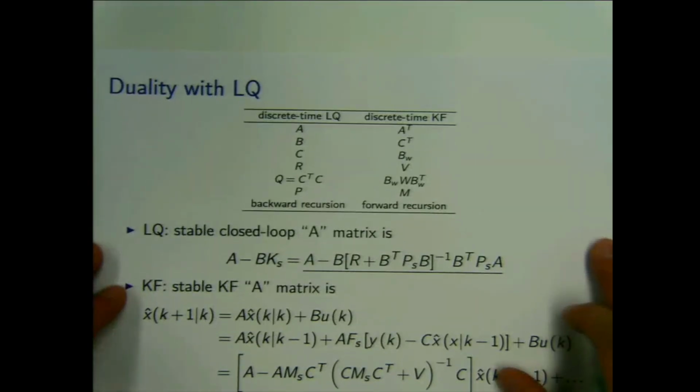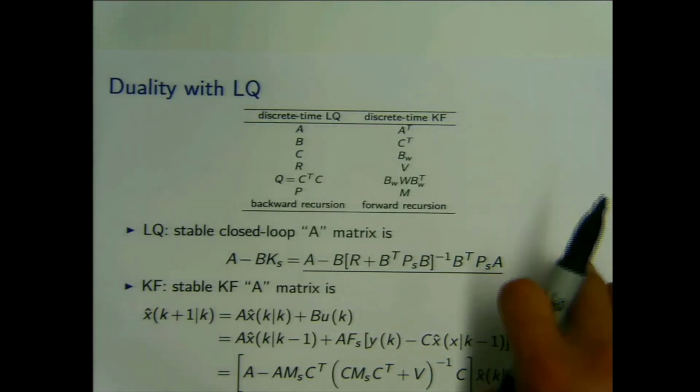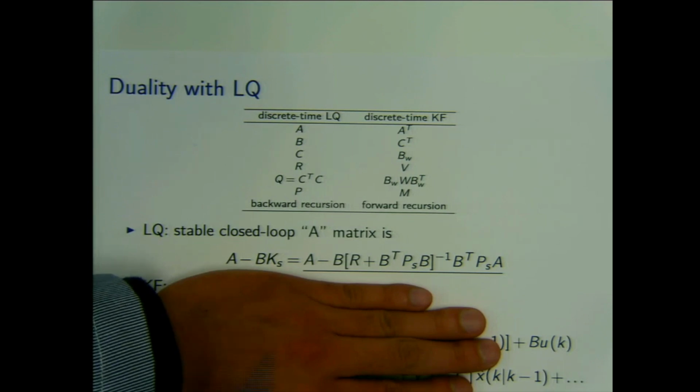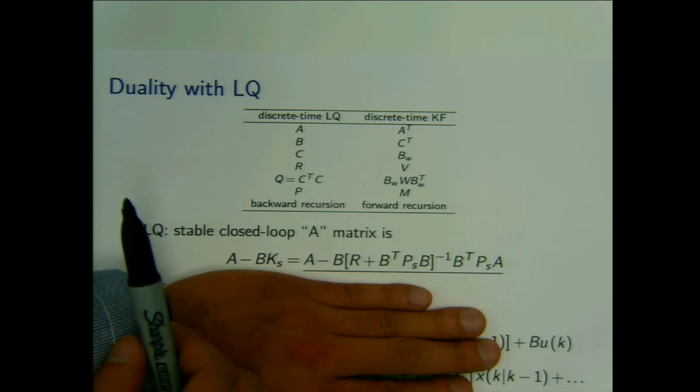Now comes the nice idea of the Kalman filter. In discrete time LQ, you learned that the steady state LQ problem gives an asymptotically stable closed loop system. That's the benefit of LQ, right?